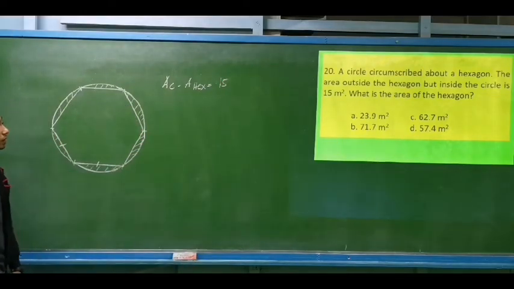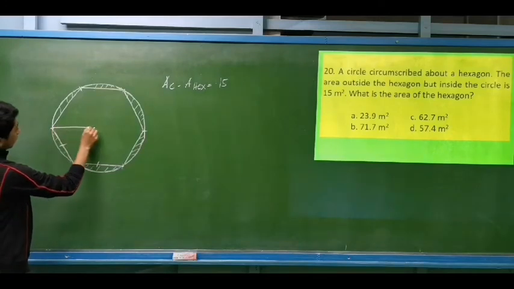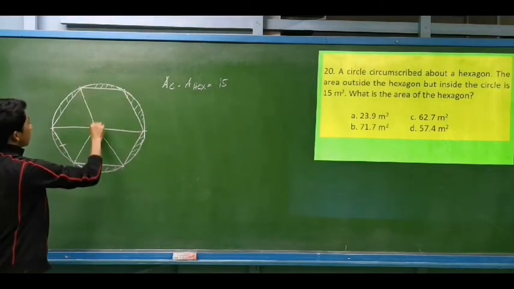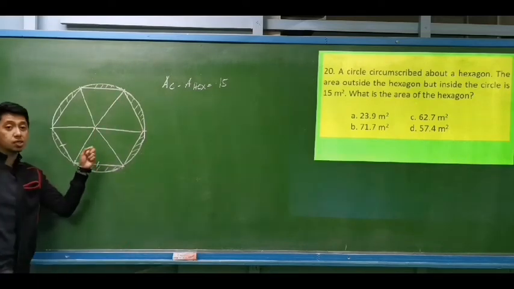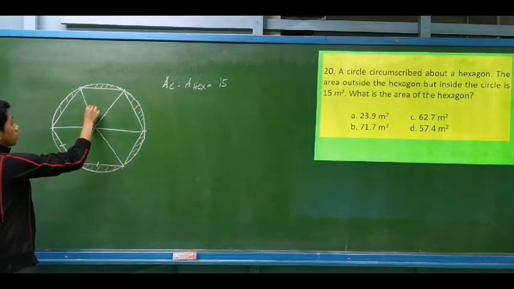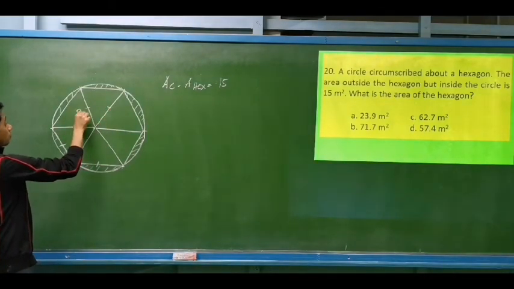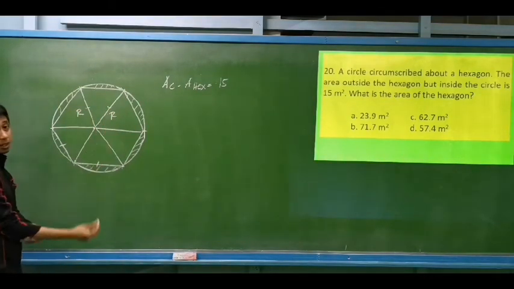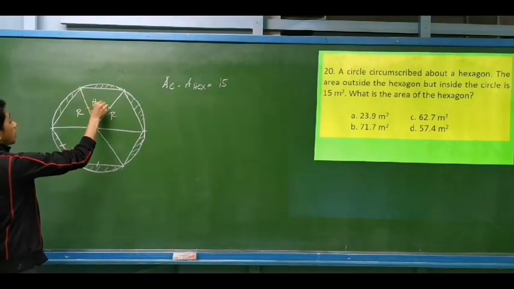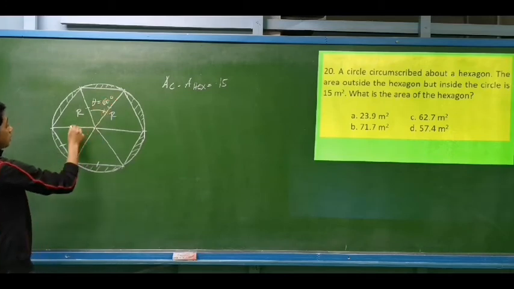Paano natin kukunin yung area ng hexagon? So again, we divide this one into triangles. Yung unique na property ng isang hexagon, kapag dinivide natin siya into triangles, ang result dito is mga equilateral triangle. Kung mapapansin niyo, this is the radius of the circumscribing circle. This theta is the same as 60 degrees.